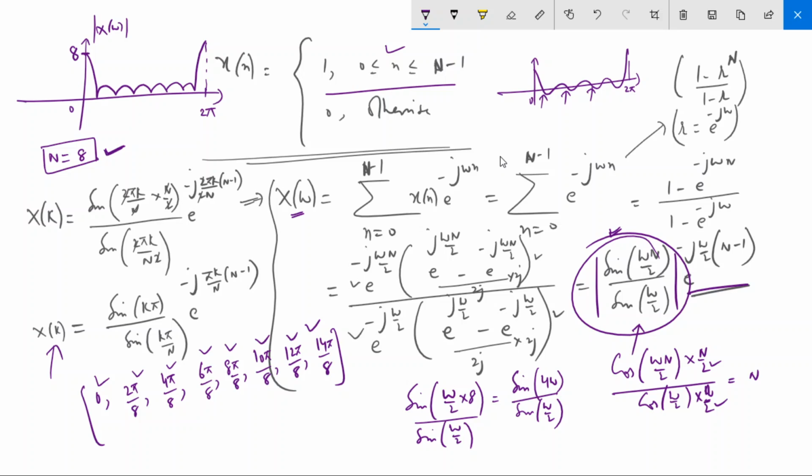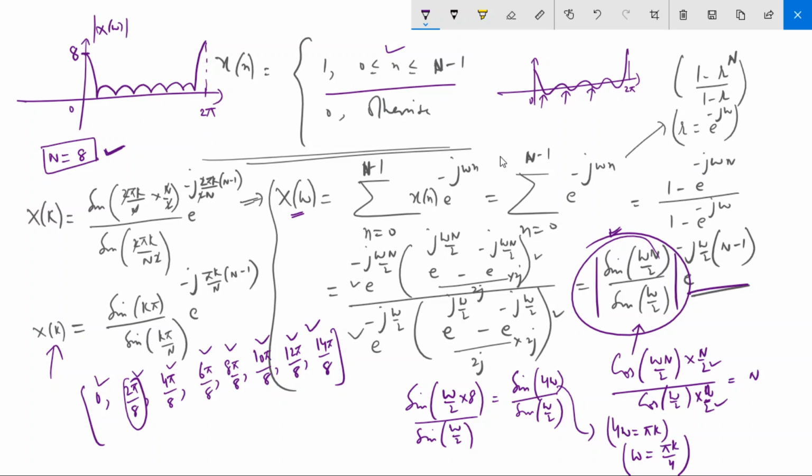So where are the zero crossing points? When 4 omega is a multiple of pi, because sine of pi k is 0. Which means omega is pi k by 4. So when k is 1, it is pi by 4.